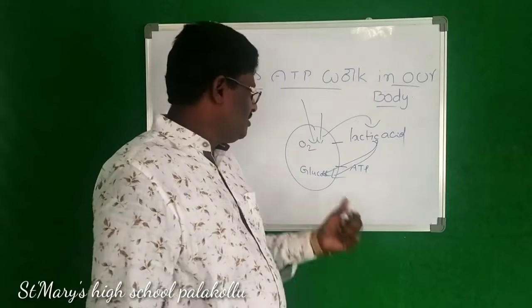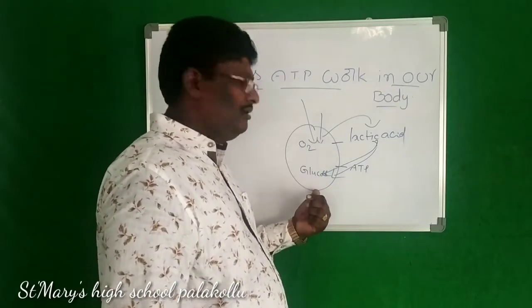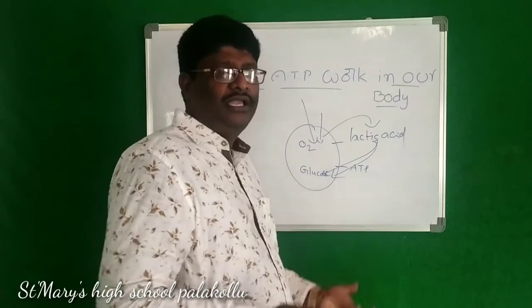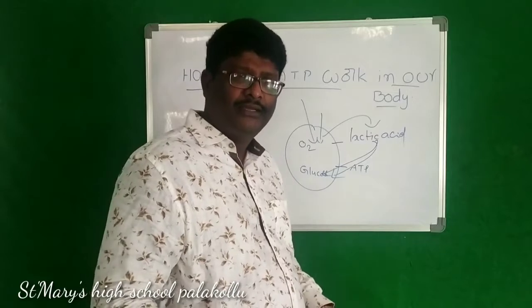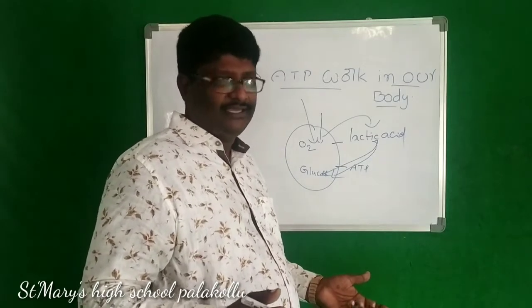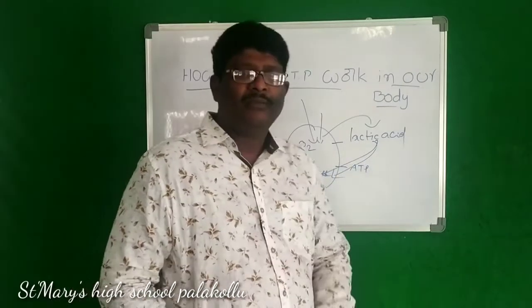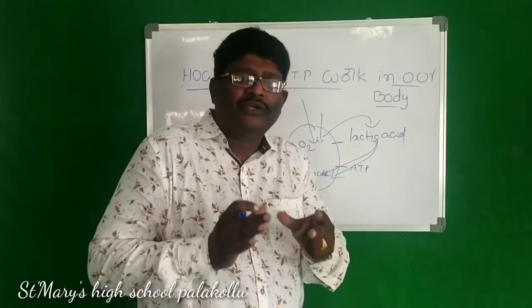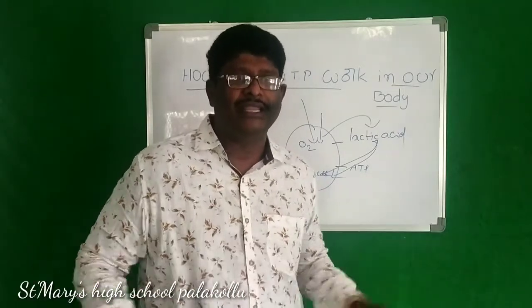Okay, so when the oxygen is available, this glucose is again converted into carbon dioxide, water and energy. Then when the lactic acid is converted into glucose, our muscle pains also slowly decrease.